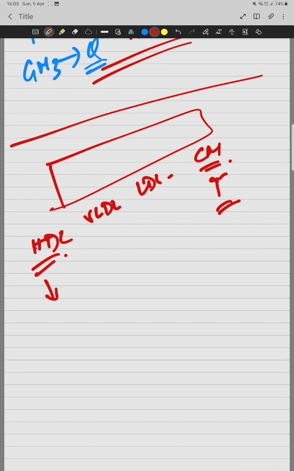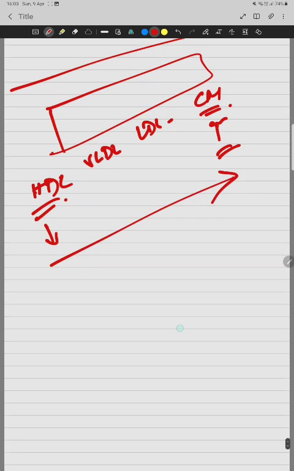So this is something you should be knowing. So this will be the sequence. Your HDL corresponds to alpha band, VLDL corresponds to pre-beta, your LDL corresponds to your beta, and your chylomicron corresponds to your gamma. So gamma is fast. That's all you should be knowing here.